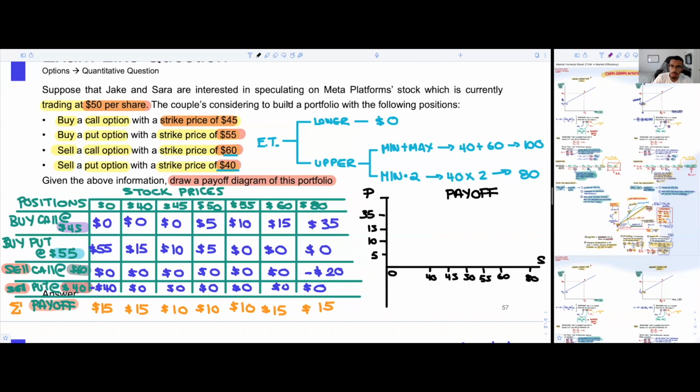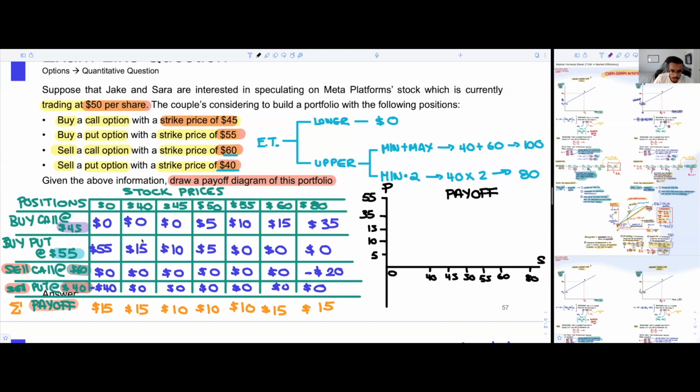Then we're going to go here. I'm going to erase this. I'm going to make this nicer. That being 55. We'll put price like that. So what we're trying to do is put all of the payoffs from our payoff table onto our payoff diagram just to make it kind of cute and nice afterwards.